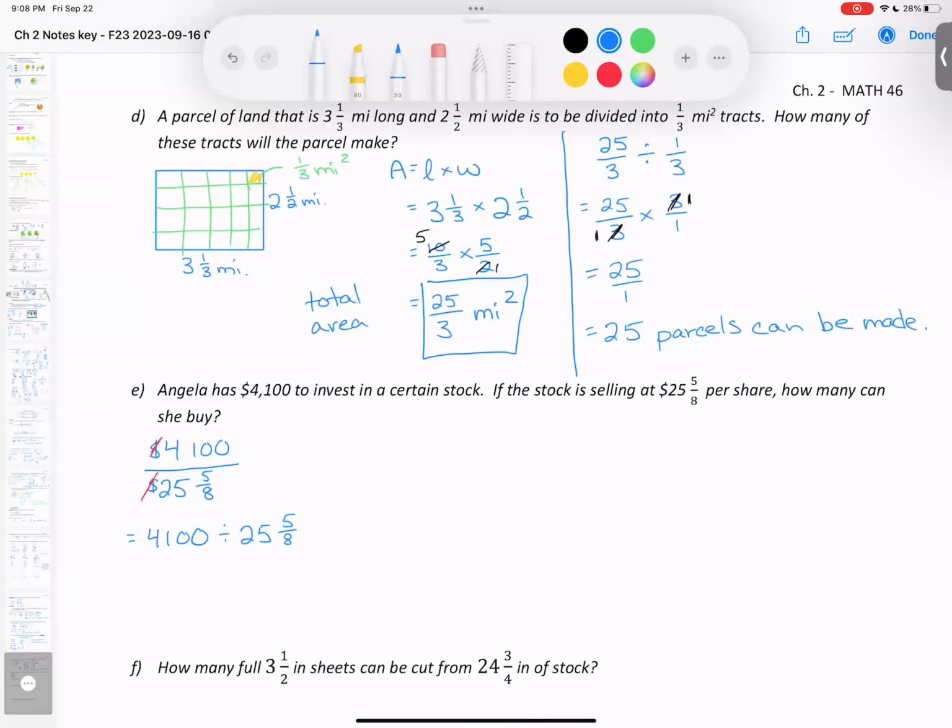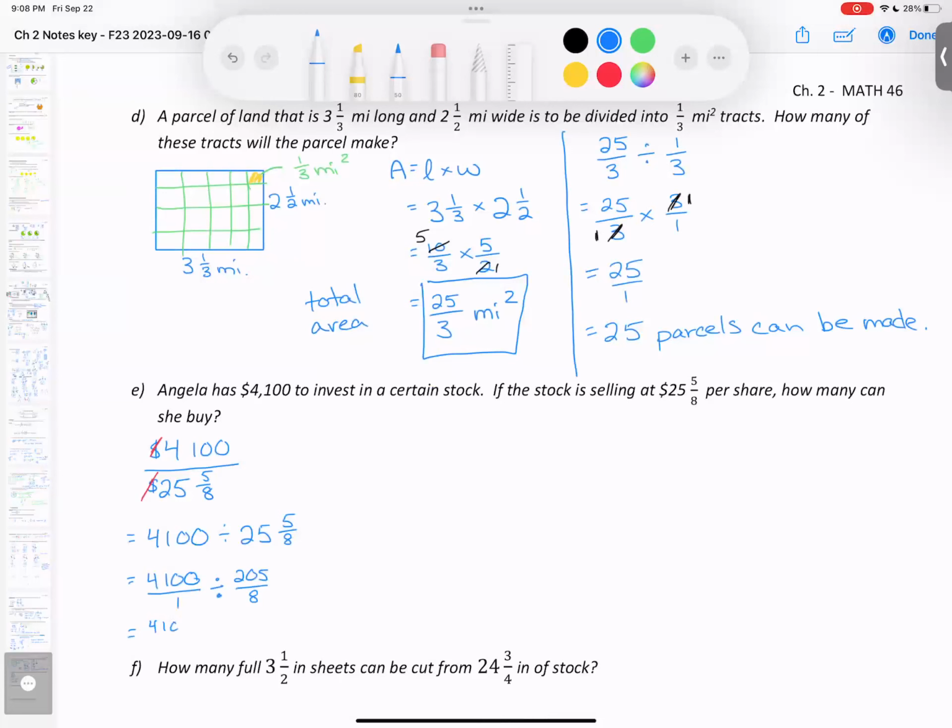All right, so hopefully you had a chance to do this question on your own. Let's continue here. So we have 4,100/1 because it was a whole number. We're dividing by 8 times 25 gives us 200, plus 5 is 205/8 when we convert that to an improper fraction.